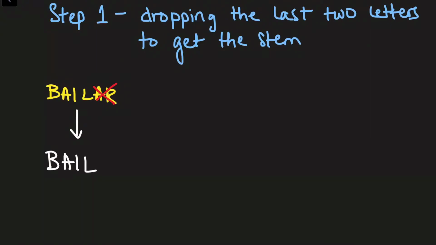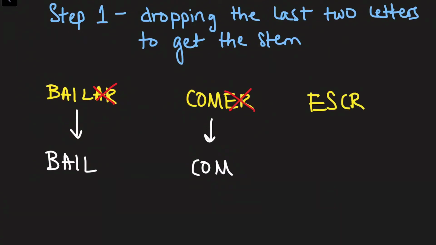For comer, if you crossed out the last two letters, which are the E and the R, you end up with com. And for escribir, if you crossed out the last two letters, which are the I and the R, you end up with escrib.